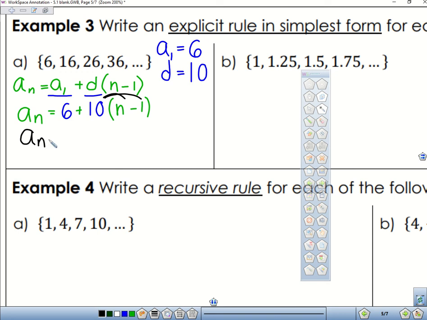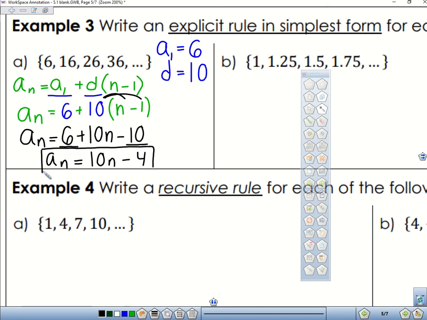That's going to give me A sub n is equal to 6 plus 10n minus 10. And then from here, I'm just going to combine like terms. So my final answer is A sub n is equal to 10n minus 4. And this is what we would call our simplest form.